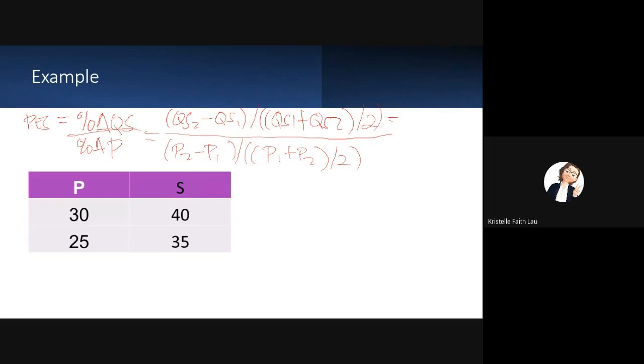So, now let's solve for the change in the supply or the price elasticity of supply. So, yan. Change in quantity supply equals to, again, if we say QS2, ito yung new supply. Then QS1 is the old supply.